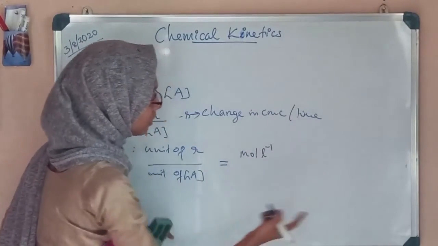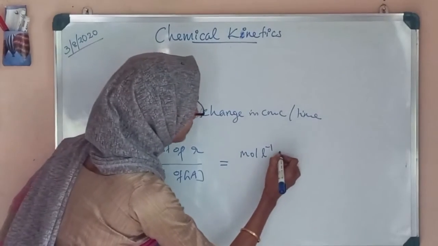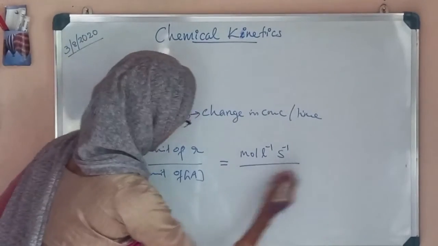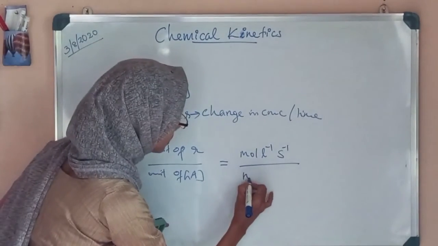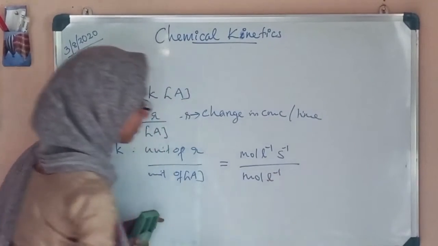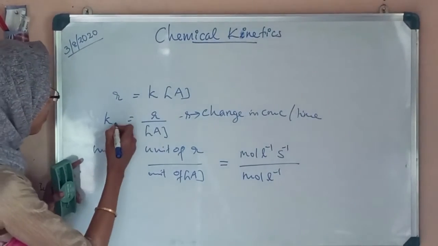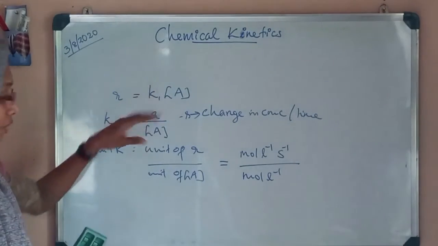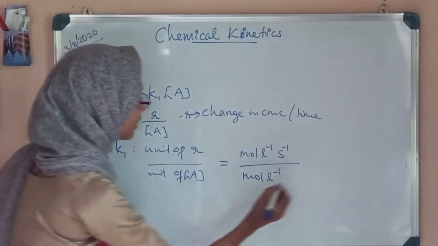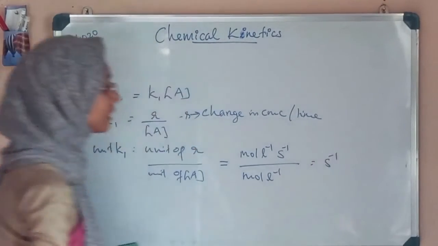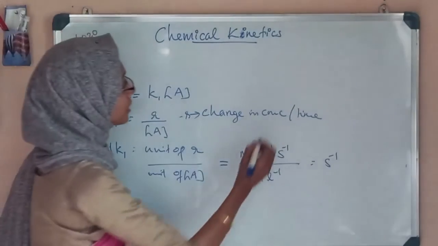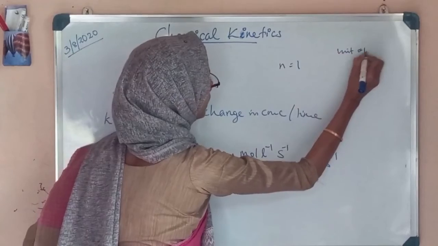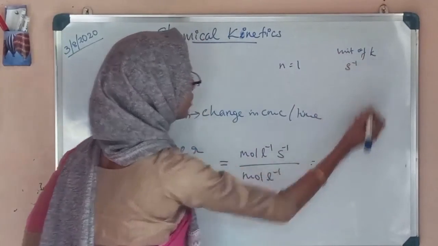The unit of time is second, so it is second inverse, divided by the unit of concentration, which is moles per liter. So for a first order reaction, represented as k1, the unit of k1 is equal to second inverse. That is, for n equal to 1, the unit of k is second inverse.